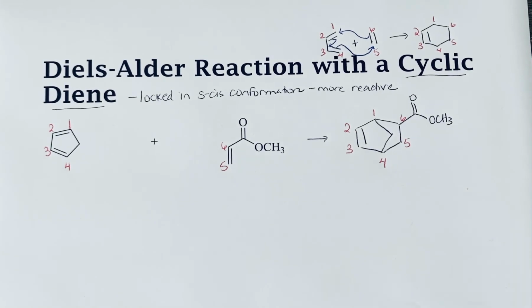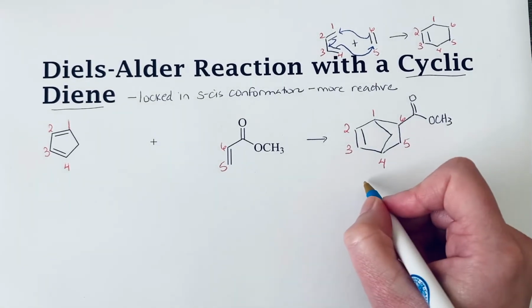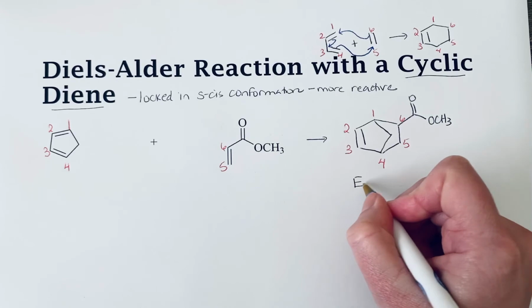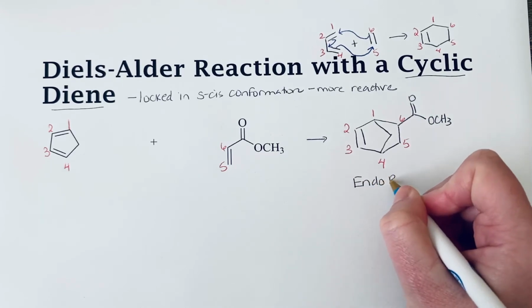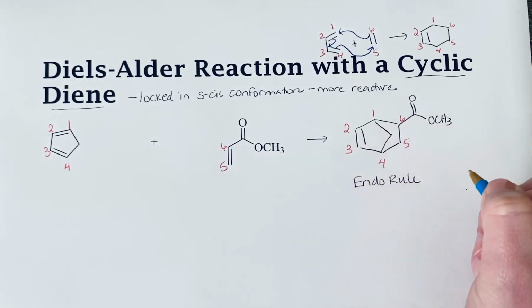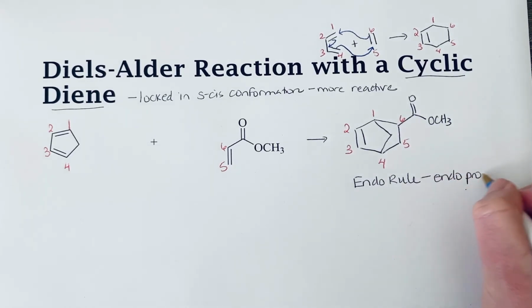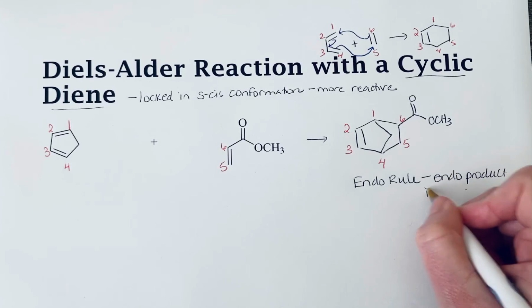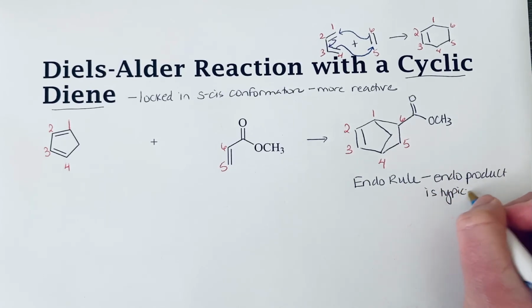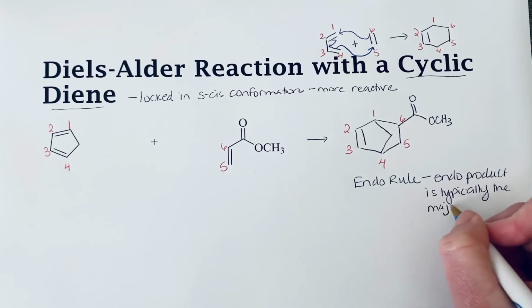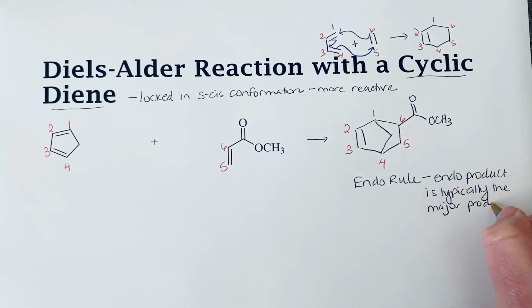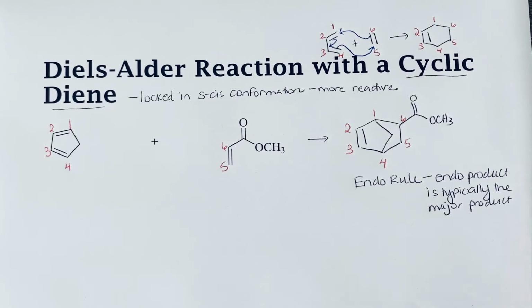And finally, we do need to also include the stereochemistry. So we want to make sure we are following what is known as the endo rule. And the endo rule tells us that the endo product is typically the major product. This is actually a gross simplification, but as beginning organic chemists, it's fine to start here.